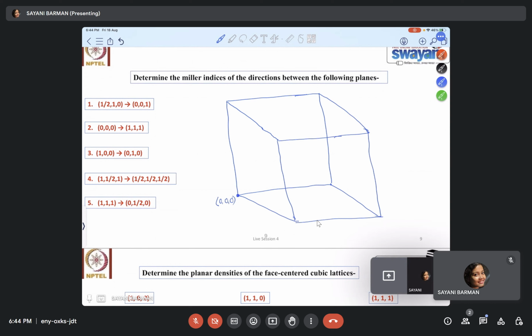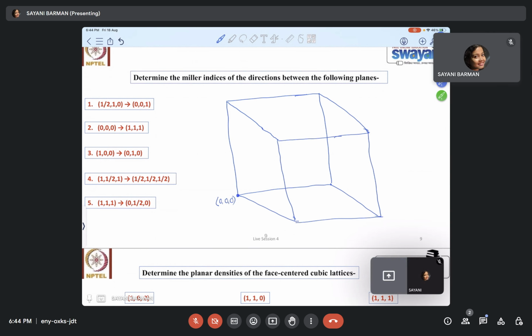Okay, then half 1 0 means half along x axis. So this is x, this is y, this is z axis.